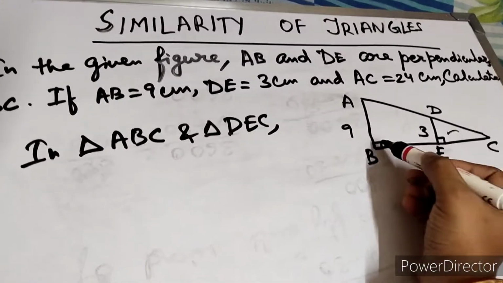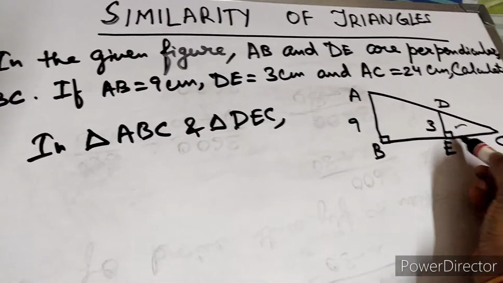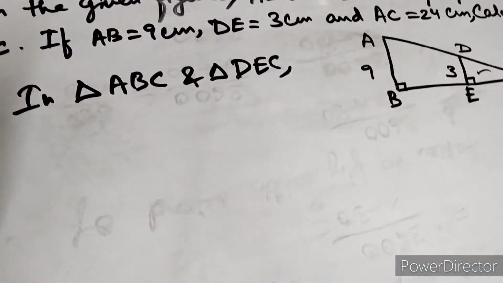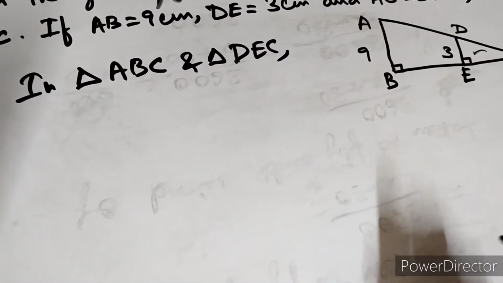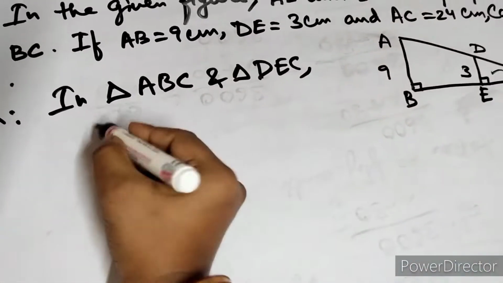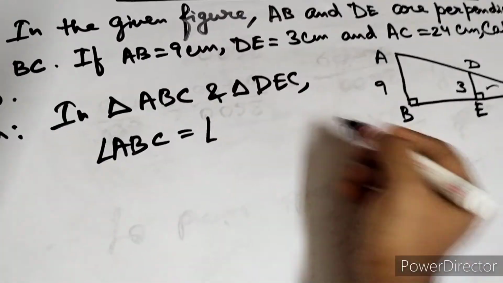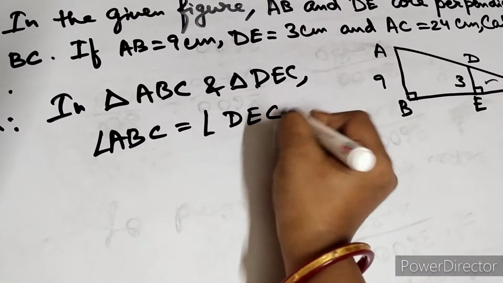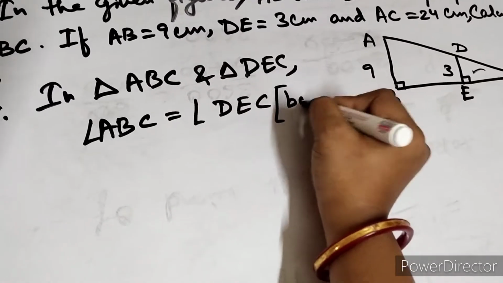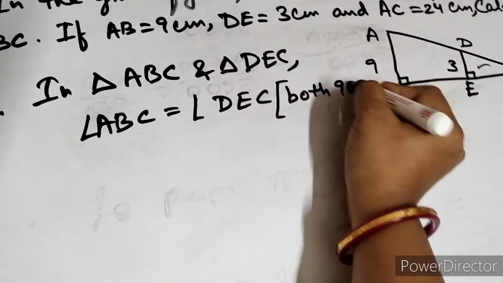In ABC, we see that angle B is 90 degrees and here angle E is 90 degrees. So what will we write? We will write angle ABC equals angle DEC, both 90 degrees.